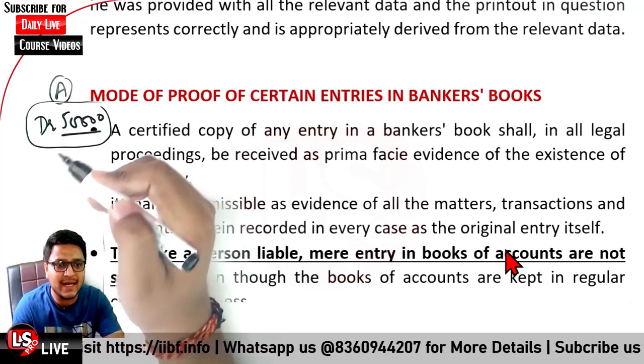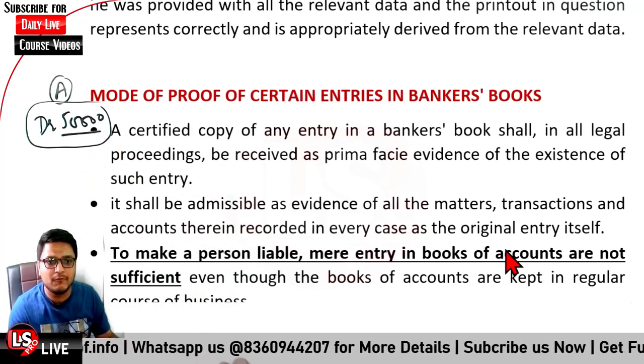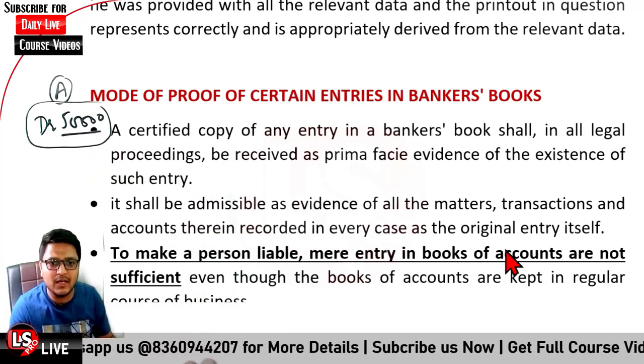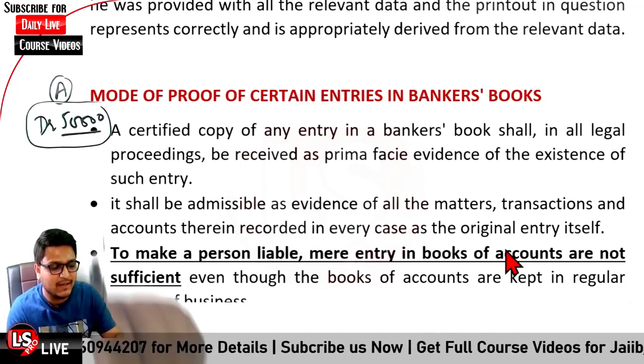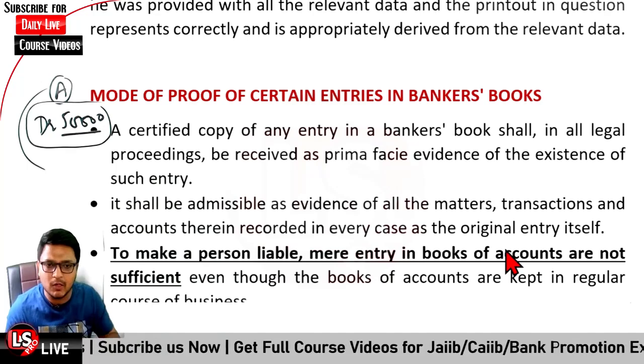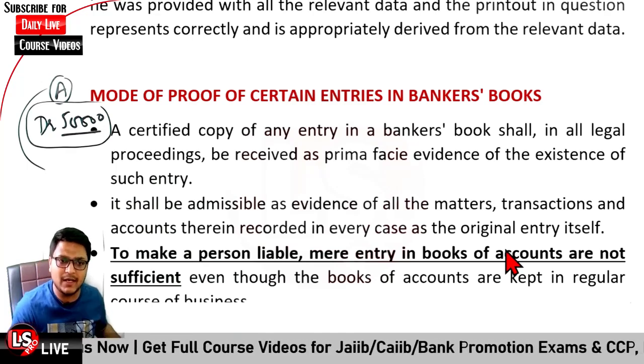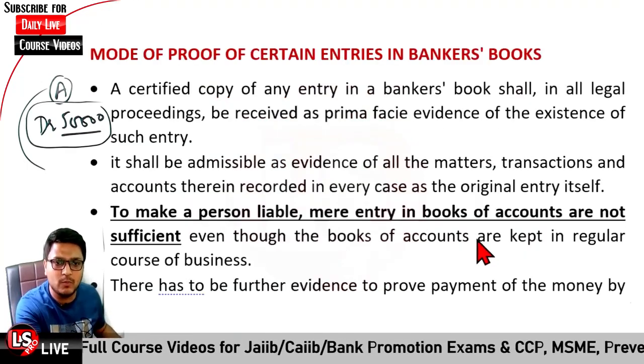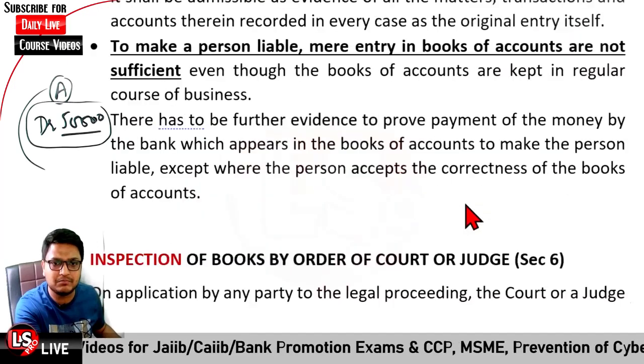Further proof in that regard is to be submitted, that the entry has been performed by him. So there must be some voucher regarding it, a withdrawal voucher, or some entry regarding it to make him liable. Okay.